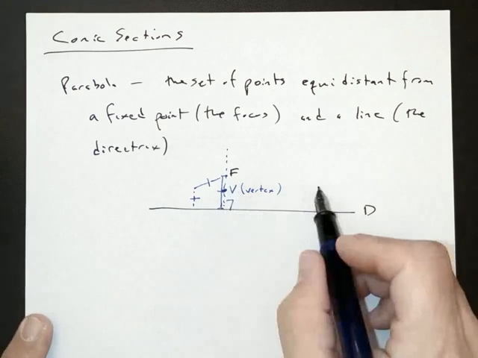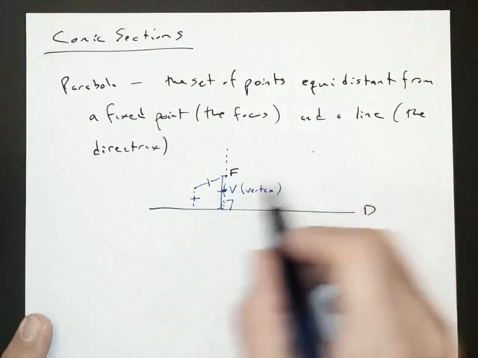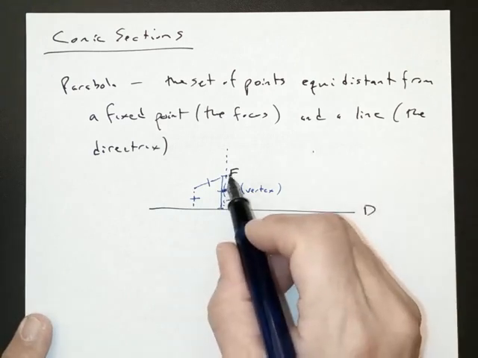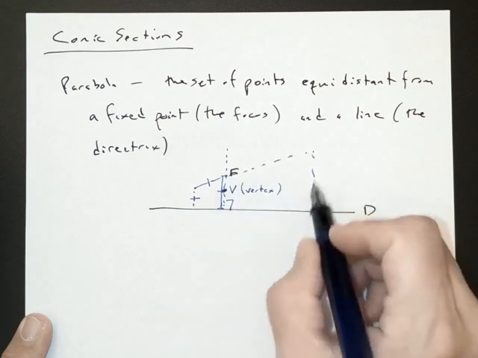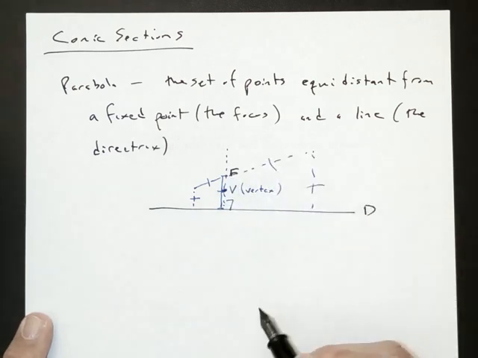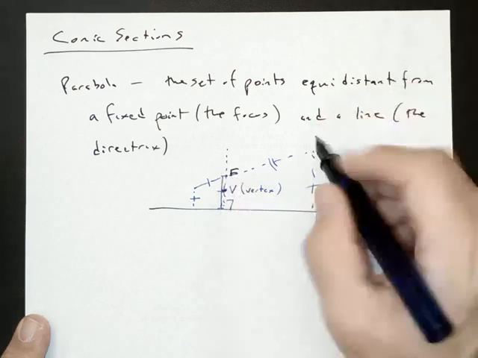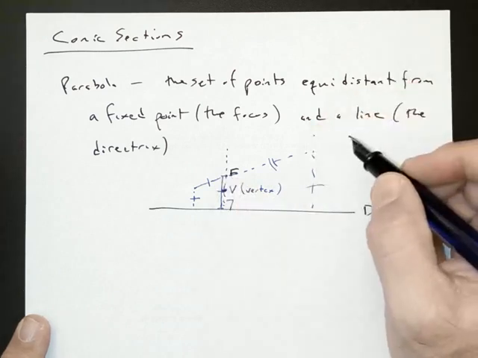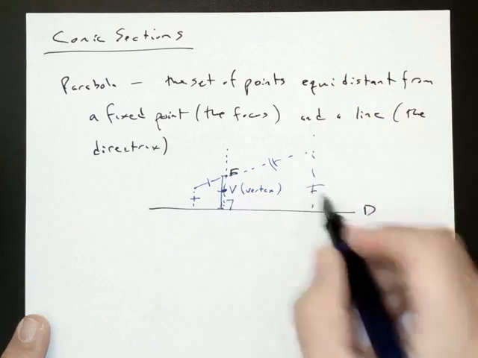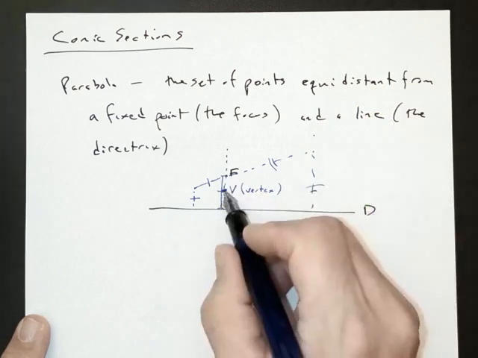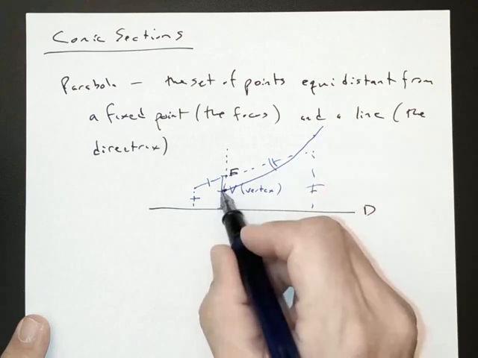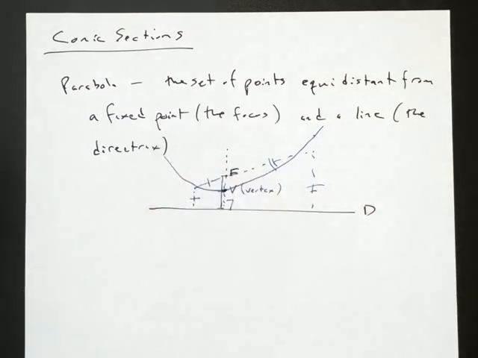If I move way over, I'm going to have to move way up so that this distance matches this distance. Now I've drawn this very poorly. This should be higher still, right? Because I need that to match this. That point should be way up here, shouldn't it? I've drawn this very badly. I want these distances to match. And now we see where we get our parabolic shape from.